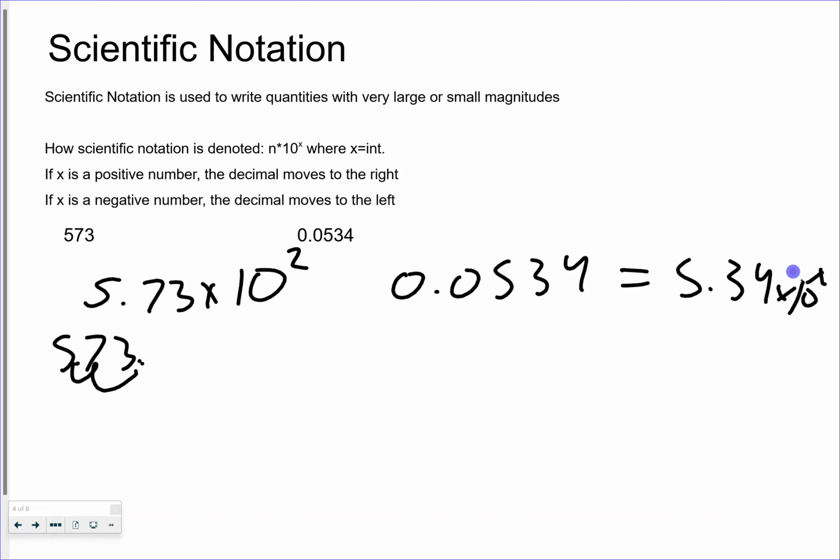So I have to think of what value x would be to get this number, and that would be negative 2, so x would equal negative 2. So the final answer here, which is technically not the final answer, would just be 5.34 times 10 to the negative second.